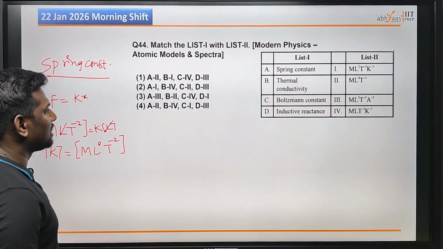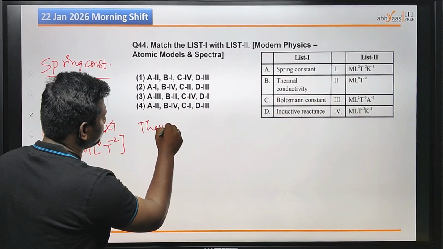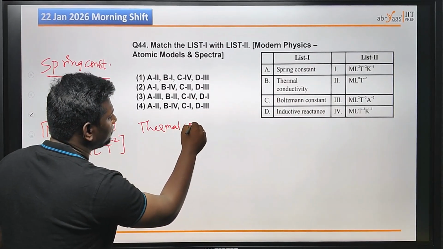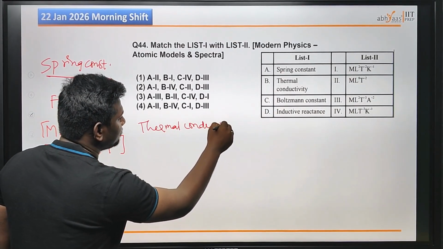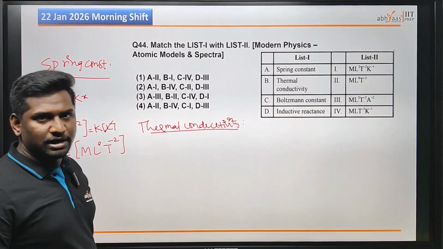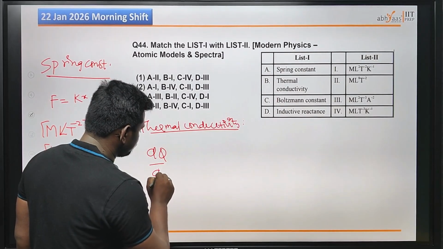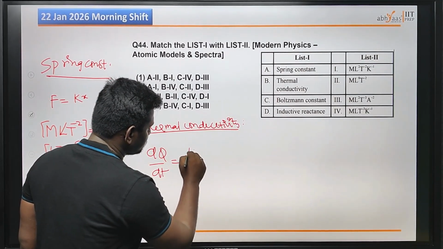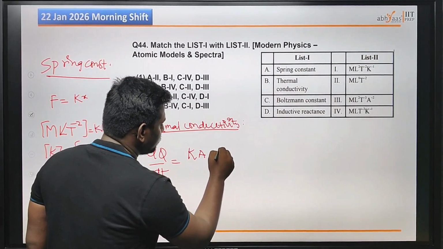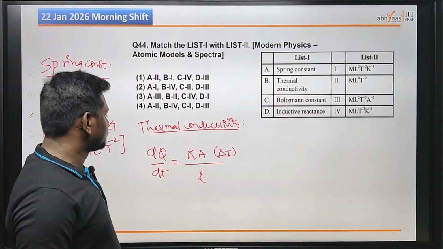What about thermal conductivity? dQ by dt equal to K A into delta T, the change in temperature, by length.